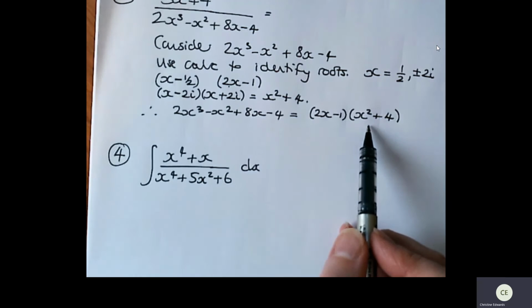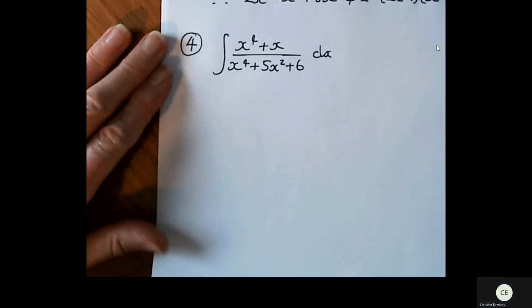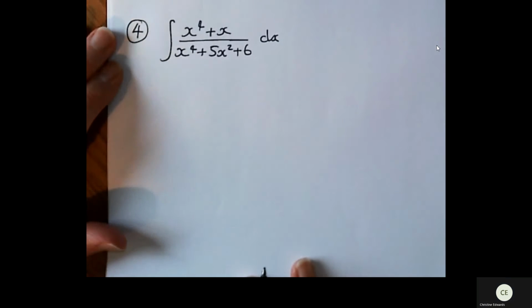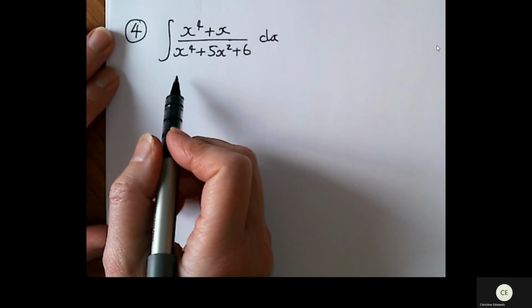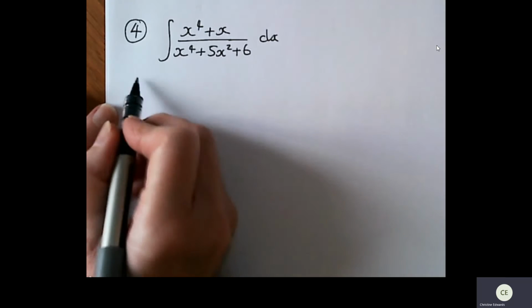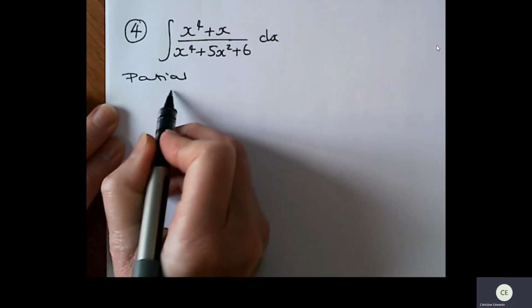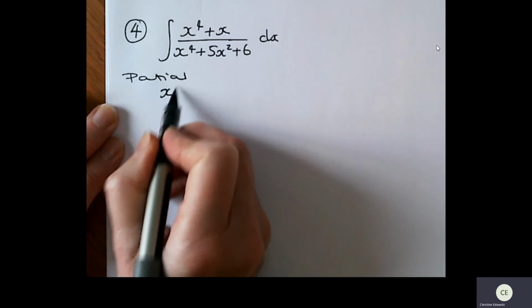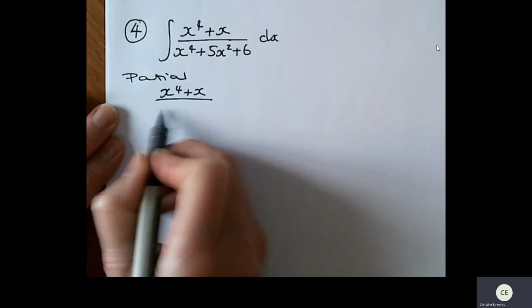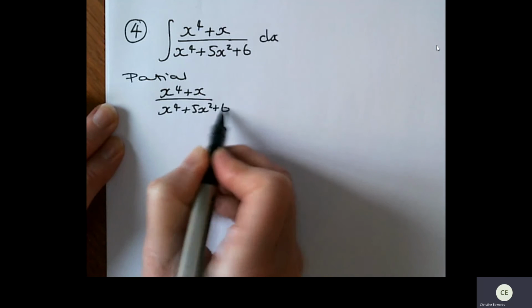What we are going to do, however, is come on and look at a quartic example. We need partial fractions. And in this case, we've got x to the 4 plus x over x to the 4 plus 5x squared plus 6.